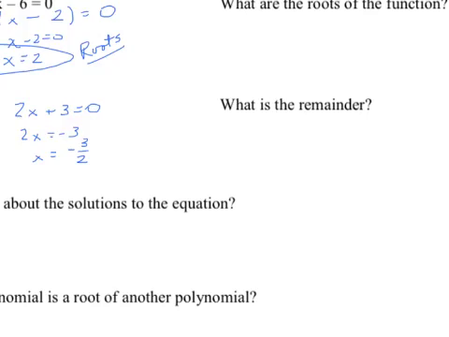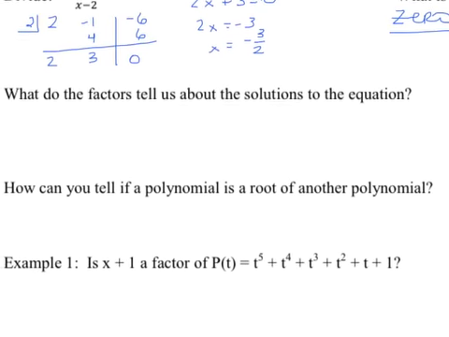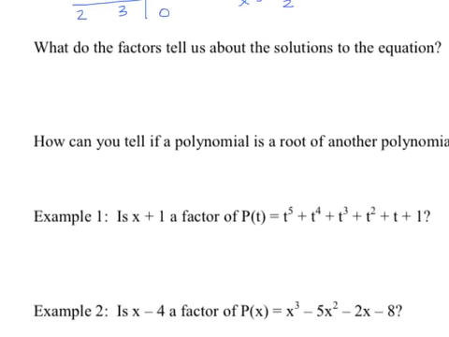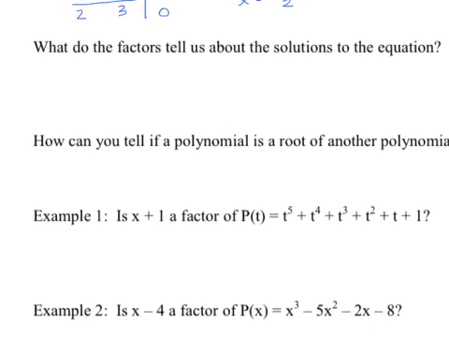So the remainder here is 0. And what we've learned before is that 2 is a root. But guess what? Negative 3 halves is also a root. So what do the factors tell us about the solutions to the equation?